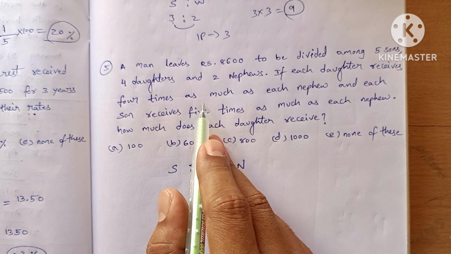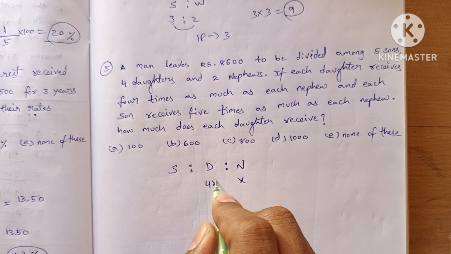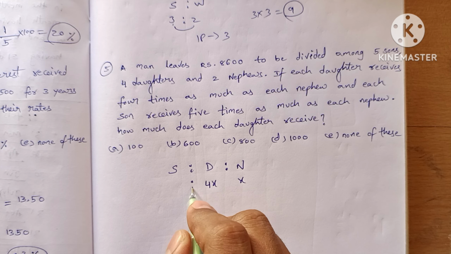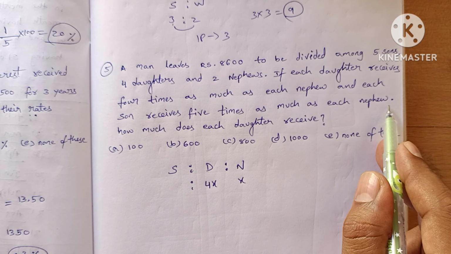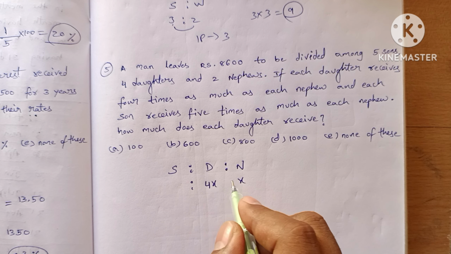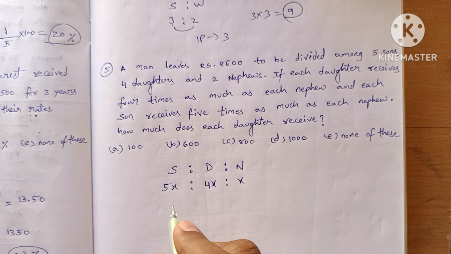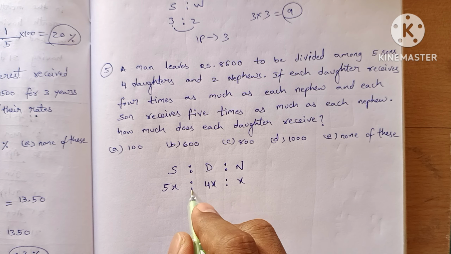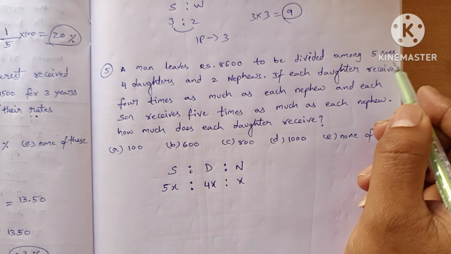Daughter receives 4 times as much as nephew. Let nephew be x, so he will get 4x, and each son receives 5 times as much as each nephew, means 5 times x. Okay, their ratio is 5:4:1. Now how many sons are there?